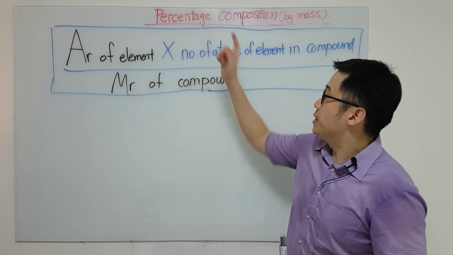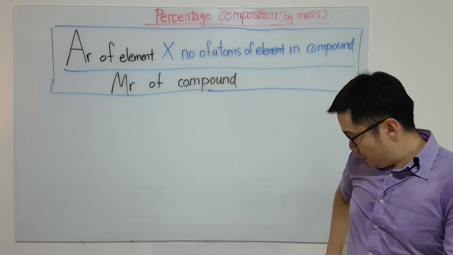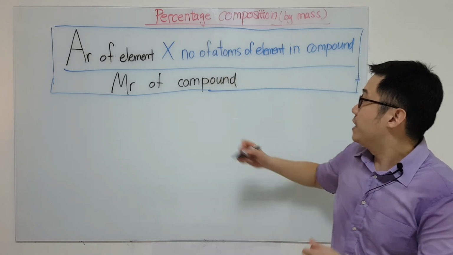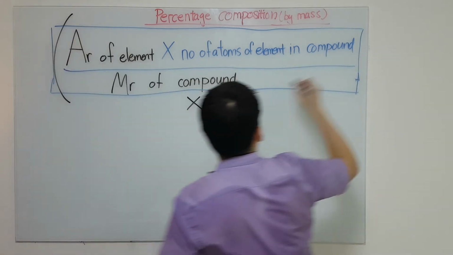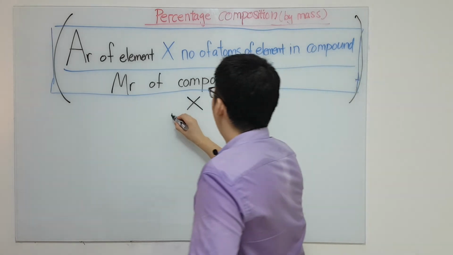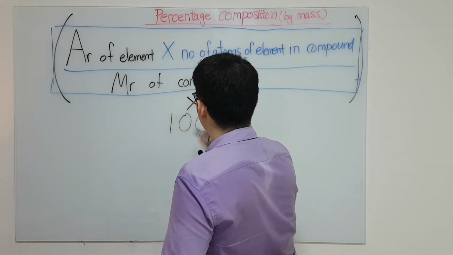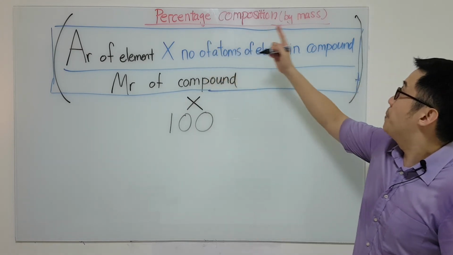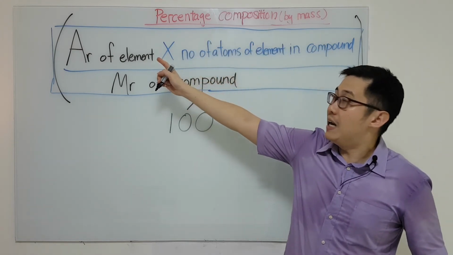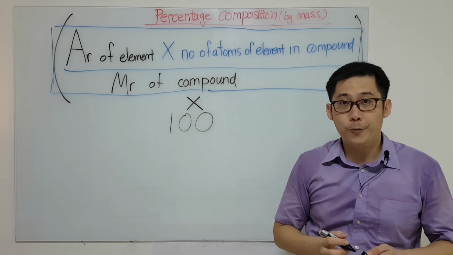Remember, because it's a percentage, we need to multiply the whole thing by 100, and that will give me the percentage composition by mass of that element in the compound.